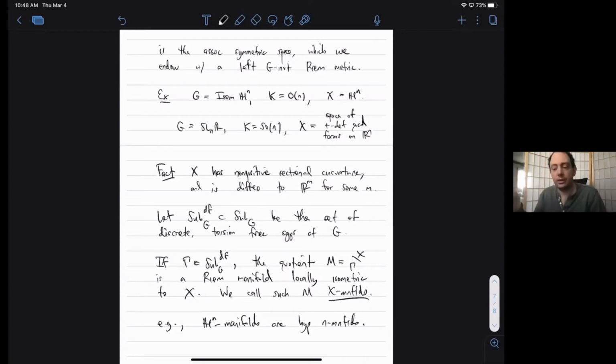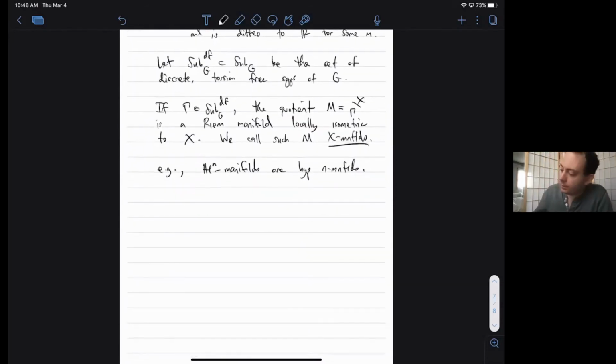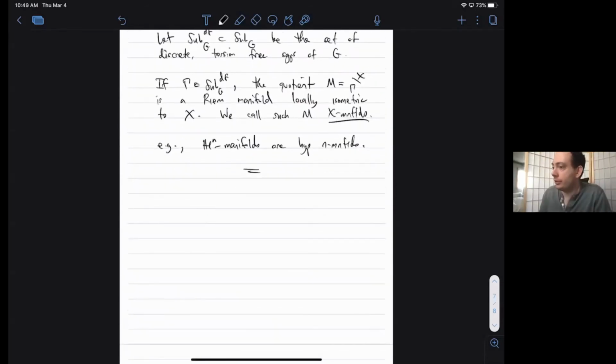Let me just say that there are lots of situations in which you can ensure that a limit of discrete torsion-free groups is still discrete and torsion-free, but it's not closed in general. So let's try to understand convergence of discrete torsion-free groups in terms of the quotient manifolds.